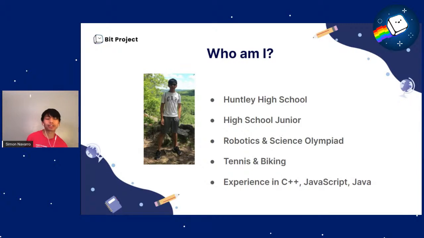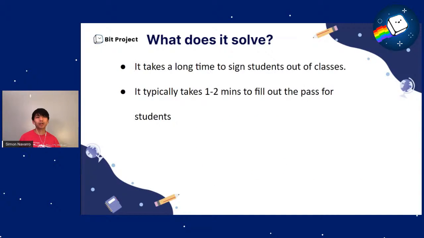I also learned JavaScript, which helped me with the website side, and then Java. JavaScript I learned from programming in CS and in a computer programming class. Same thing with Java, I learned it in AP Computer Science A.